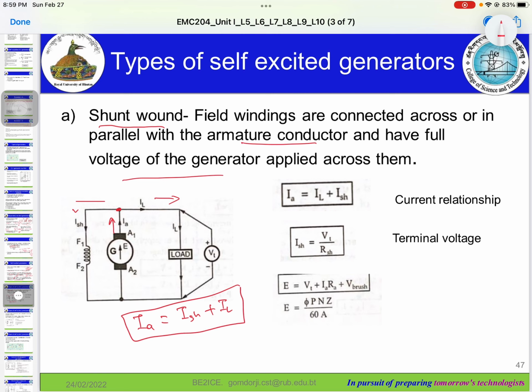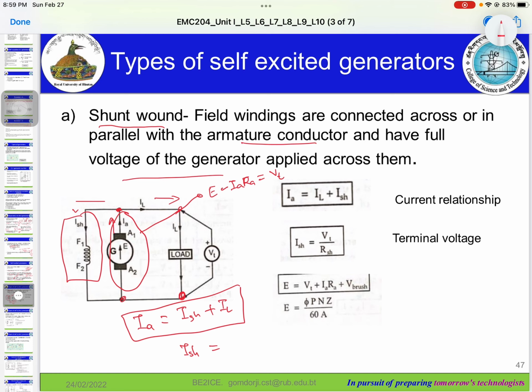And if you want to calculate the shunt current ISH, we measure from this point. This part voltage will be your induced EMF minus the drop at the armature winding, which means it will be equal to your terminal voltage, measured at this point where the load is connected.